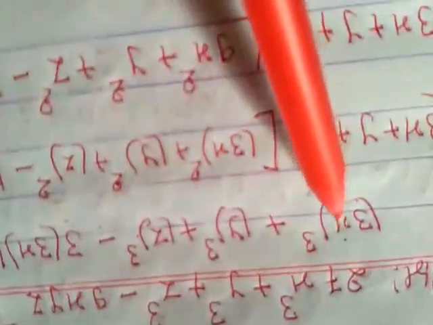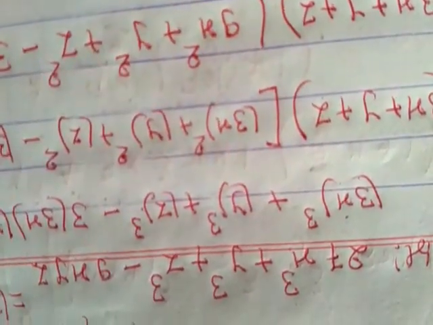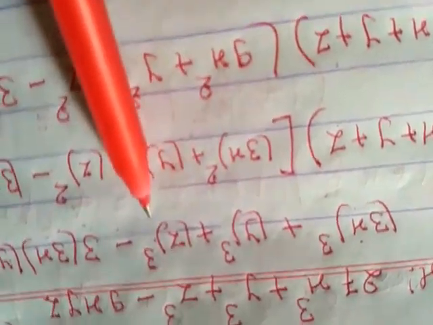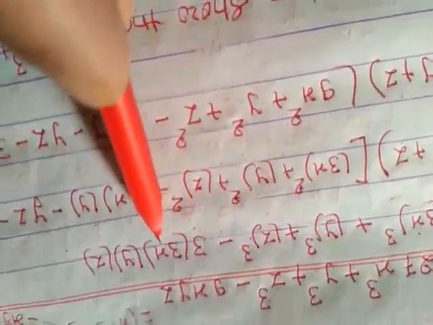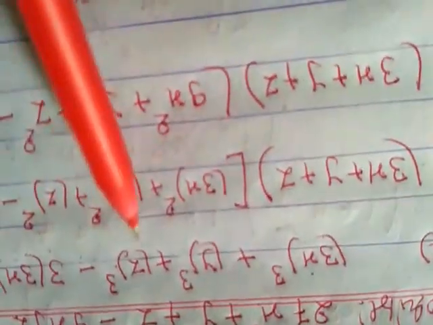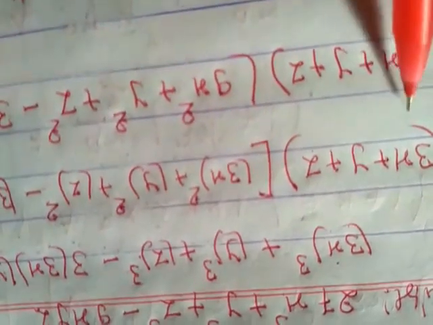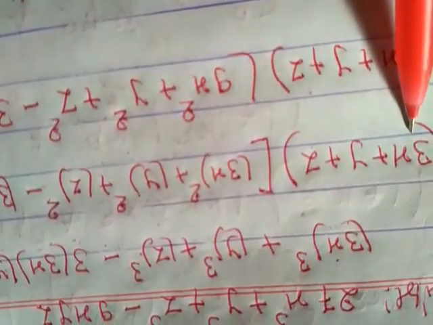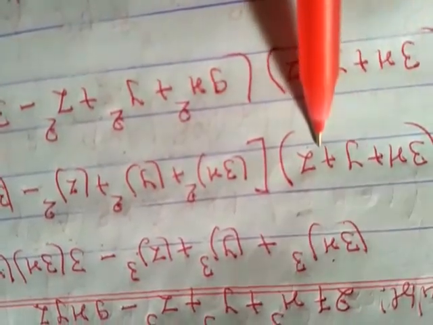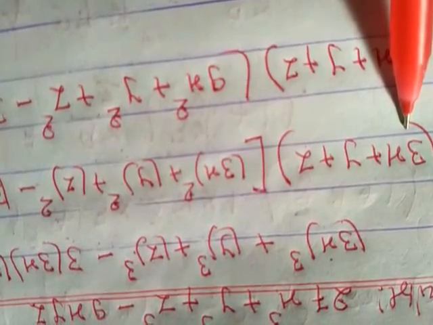Now this expression is in the form of the above identity, that is x cube plus y cube plus z cube minus 3xyz. So expand this using the above identity. We know that x plus y plus z, so write 3x in place of x.